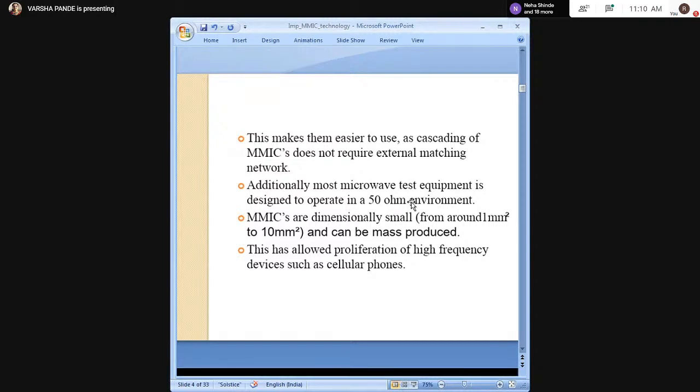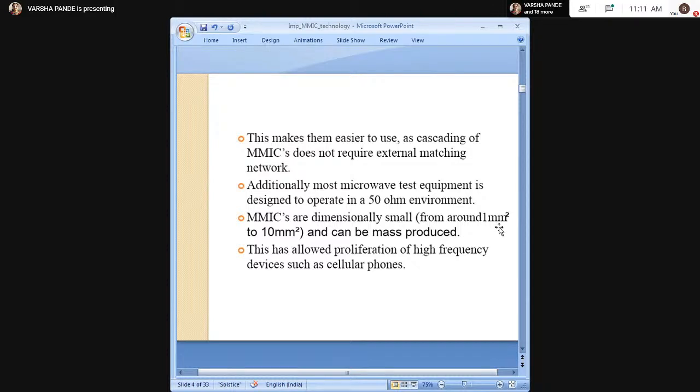Additionally, for these ICs, testing is essential, and most microwave test equipment is also designed to have a 50 ohm characteristic impedance. These mimics are dimensionally very small, from around 1 millimeter square to 10 millimeter square. You can imagine the size is very small and they are mass produced.